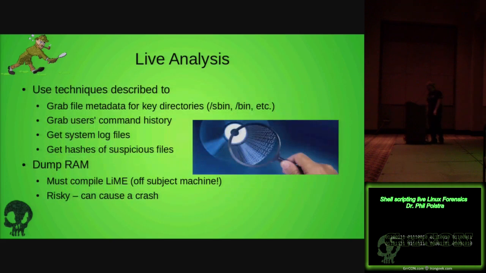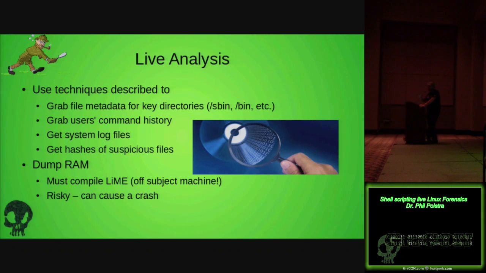So if you are doing live analysis, in some cases you might actually skip the live analysis. You might just go straight to dead analysis. But if you do want to do live analysis, you can use these same kind of techniques. You can grab some file metadata. I have some little scripts.